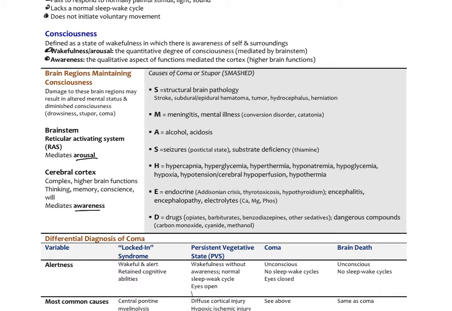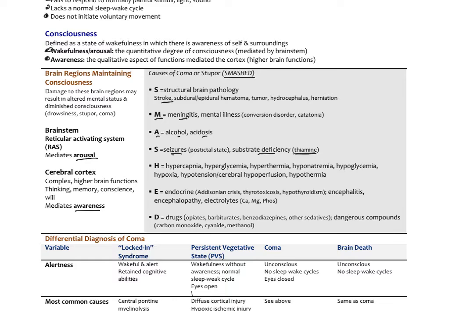So the causes of coma or stupor, we use this acronym SMASH to kind of help us remember all these different things. So one could be structural brain pathology, so things like strokes, tumors, hydrocephalus, herniation of the brain from increased intracranial pressure. M would be for meningitis or mental illness. A is alcoholism or acidosis. S is seizures or substrate deficiency.